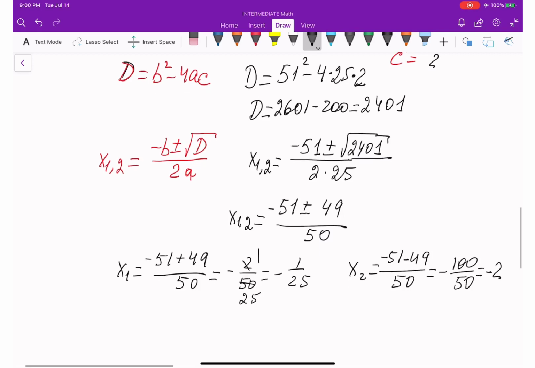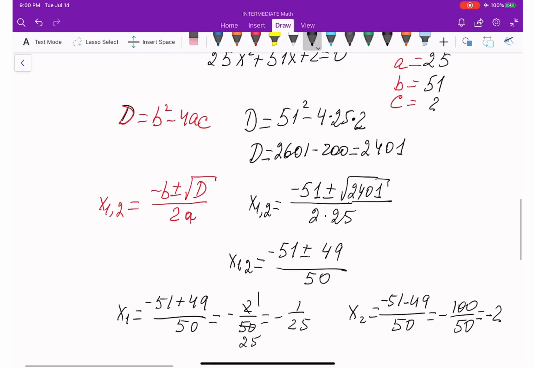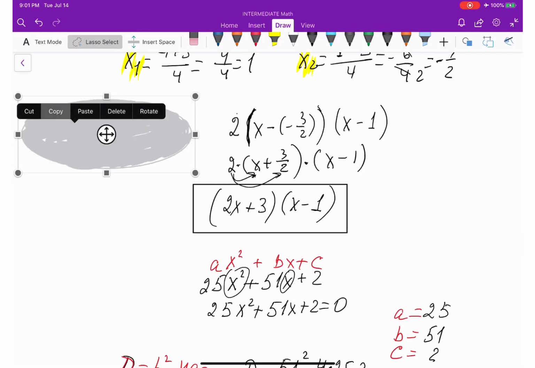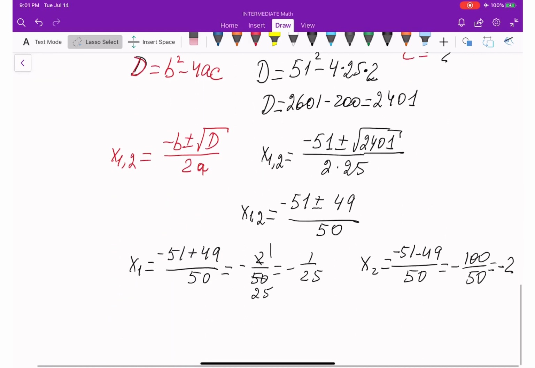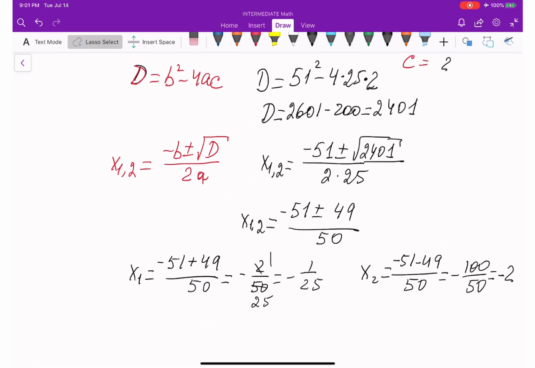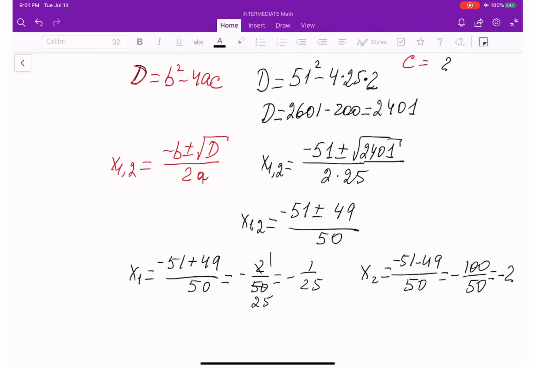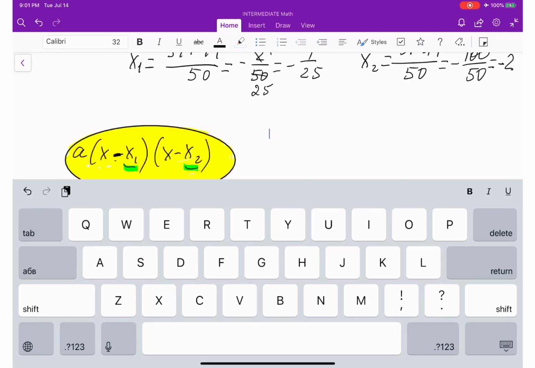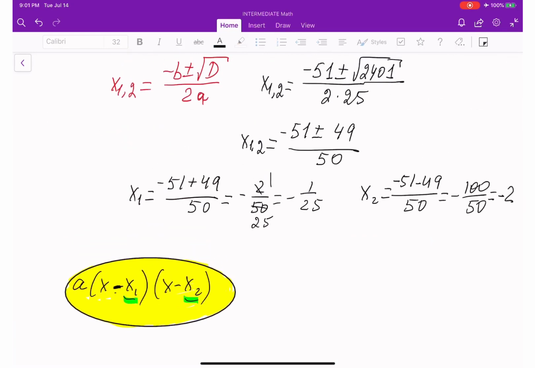All right. So from here, again, I'm copying and pasting the format.